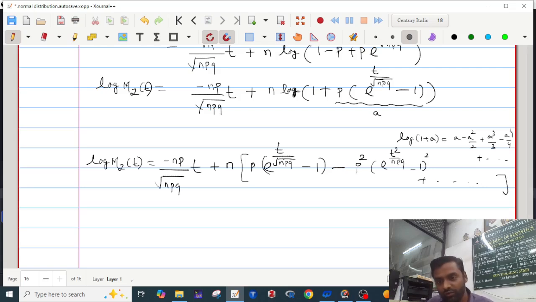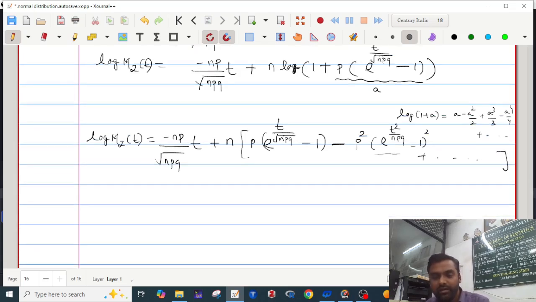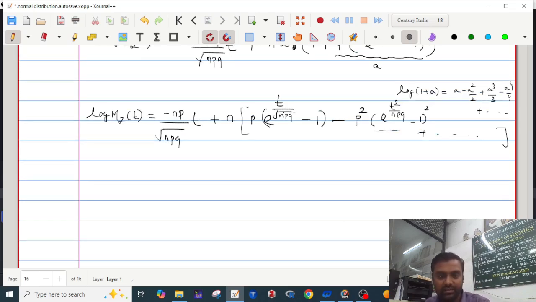Actually, there is no need of all these next terms. Why so? Because if we solve these terms, we will get the higher powers. Let's see how. Log of MZ of t equals minus np divided by, this is pq, plus, now we will use the series of e raised to x.